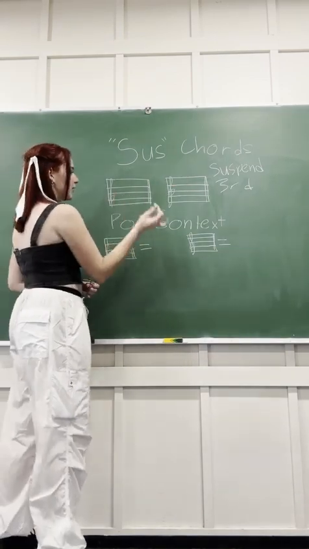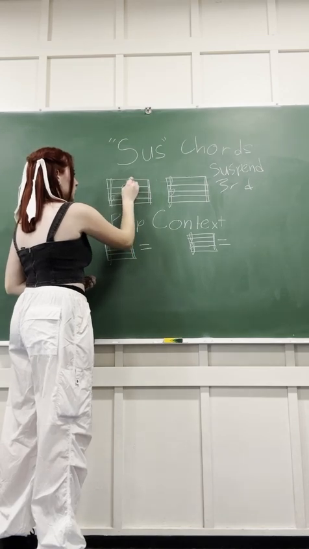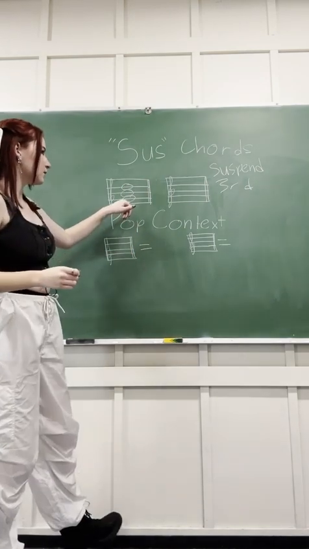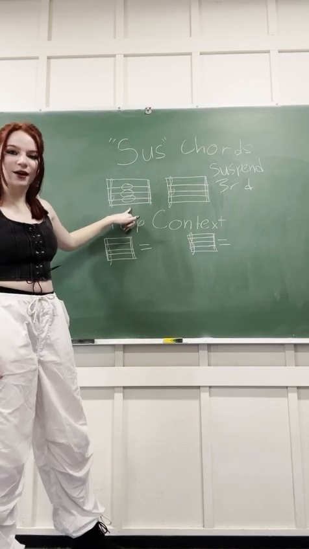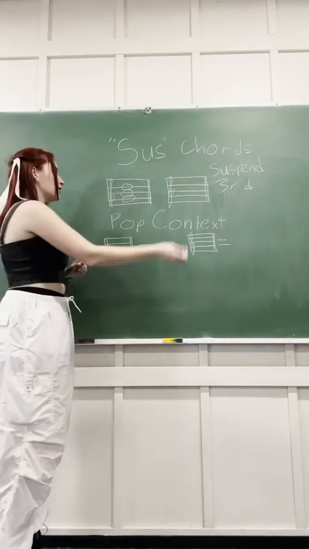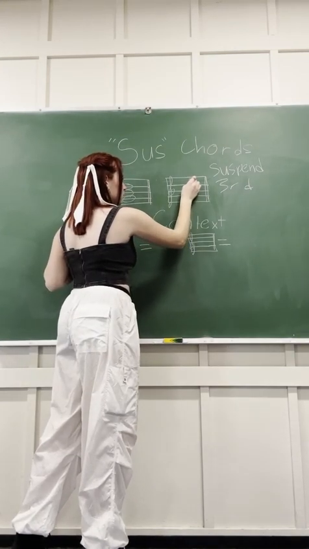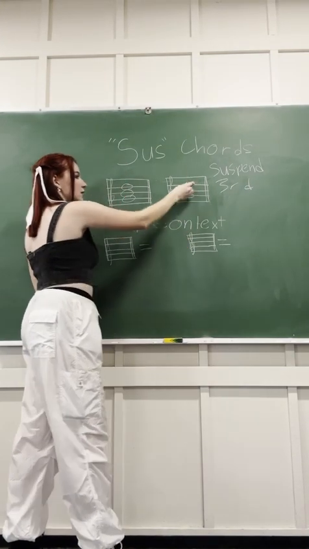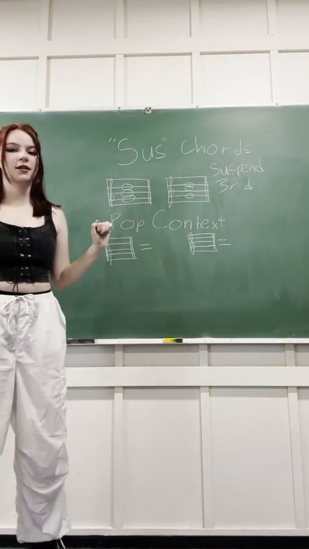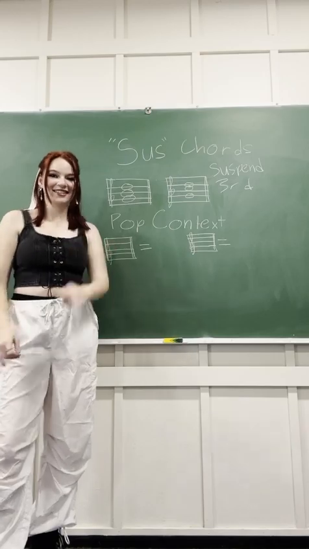So if we're back in kind of a G major chord, so G, B, and D, that's how it would look normally. How would it look if the 3rd was suspended up, right? You take the 3rd, you put it up a note. So now you have G, C, D. And I'll play examples of how these two sound differently in a second.